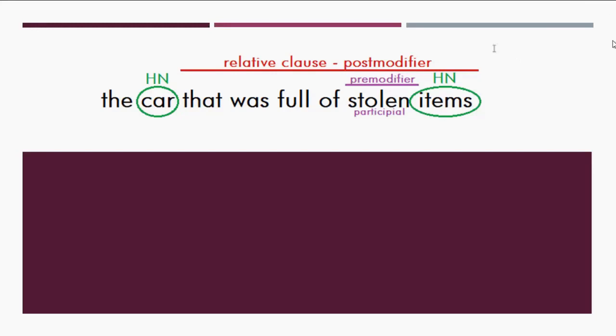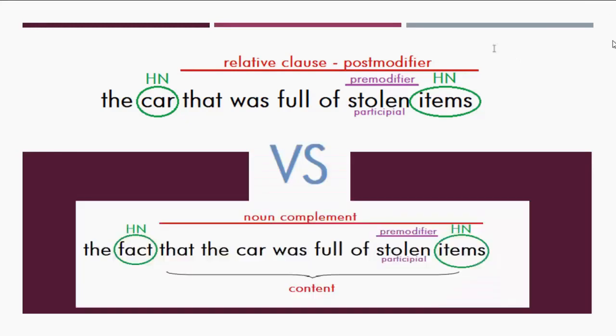Now we're going to see that the second phrase is not the same as the previous. In this second phrase, our head noun is the word fact, and the information covered within our finite clause gives us the idea of the content of our head noun.